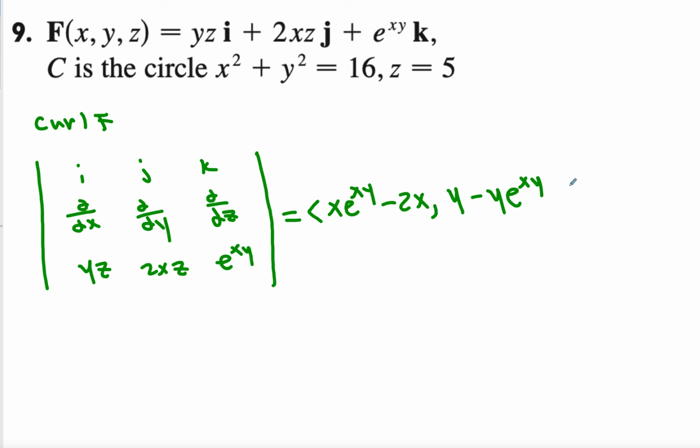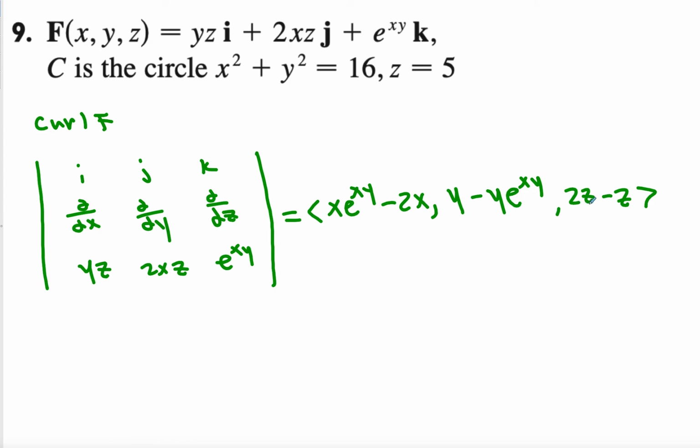That's basically what we end up getting. Now, the last component here, we get 2z and then minus z, which is just 1z, but that's basically what our curl is.